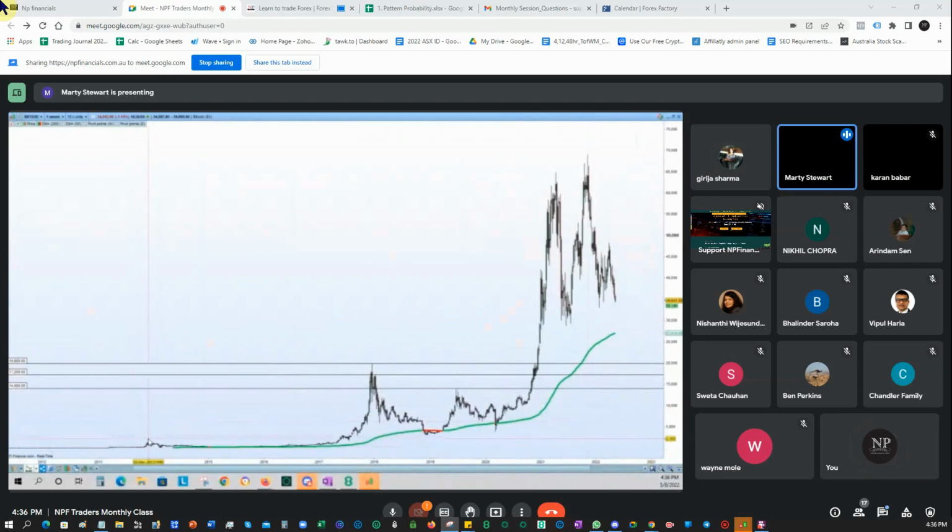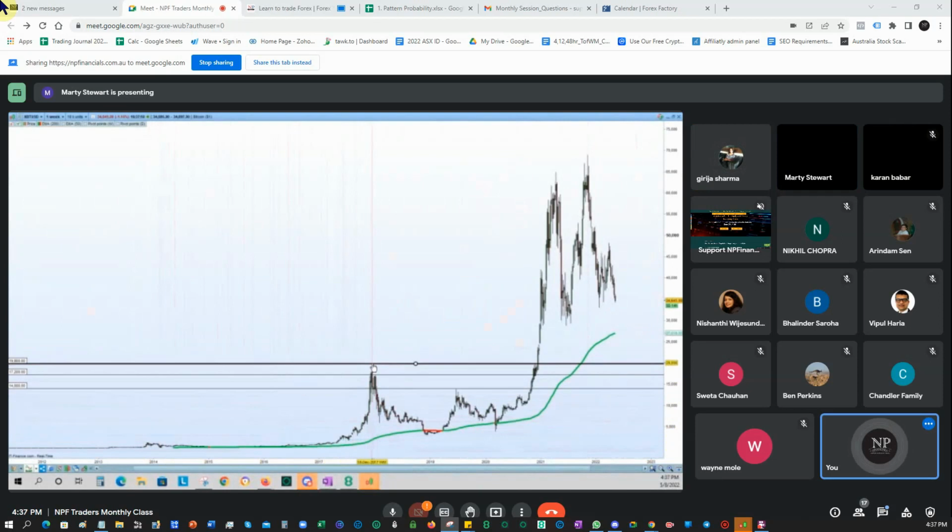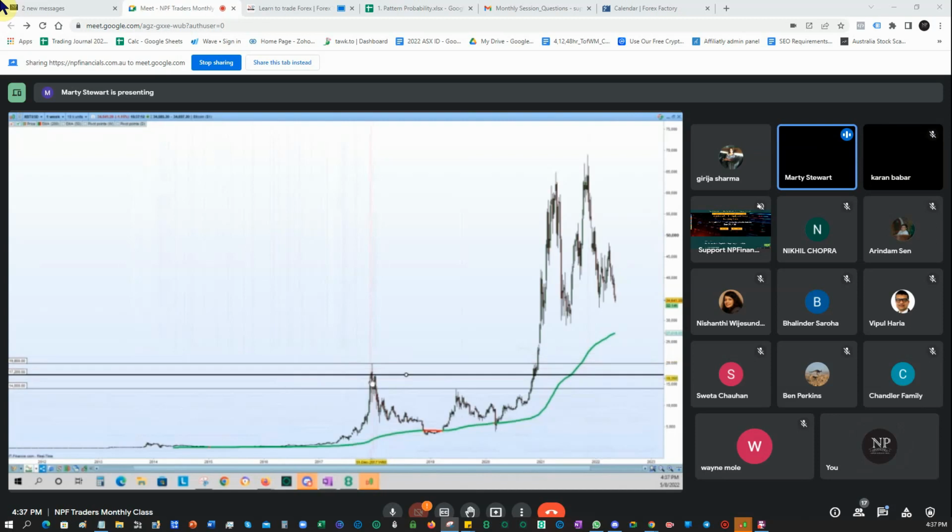So we have 1 move here, our first impulse that we saw. Then we had the correction. No one was real happy about it. We got all the excitement, all the news, pushed the price right up. And then that was it. There's no more people wanting to jump on board. We've had a bit of indecision. No one was happy. Everyone was undecided. So we've corrected.